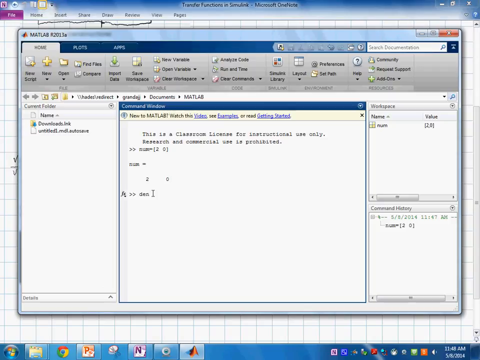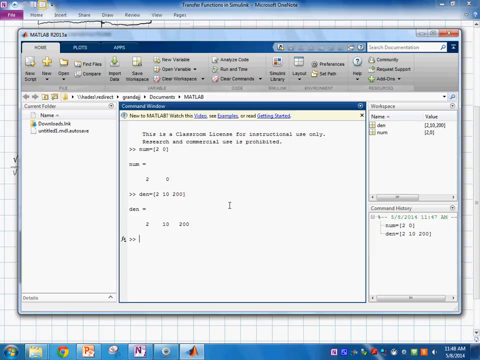I would say you have something like 2, and then 10, and then 200, and then say return.